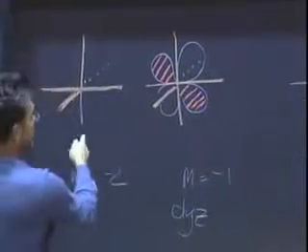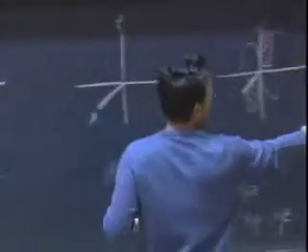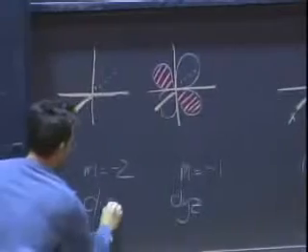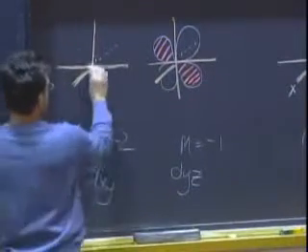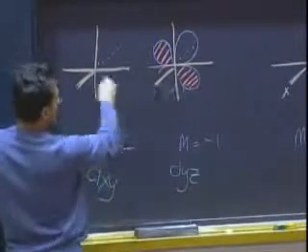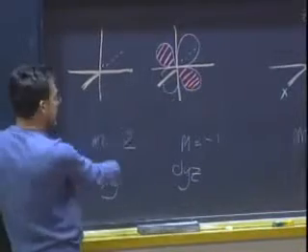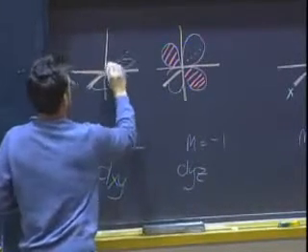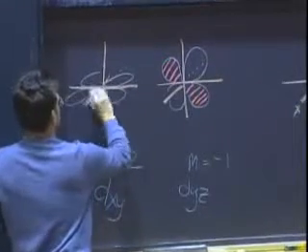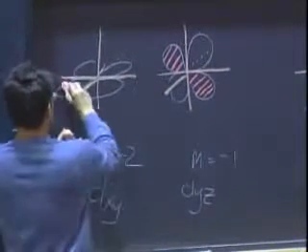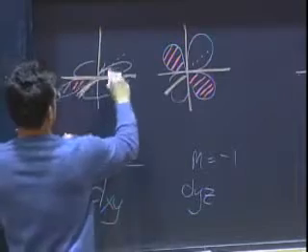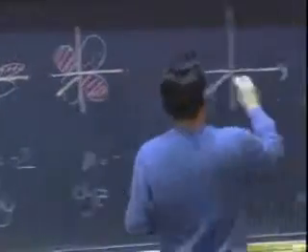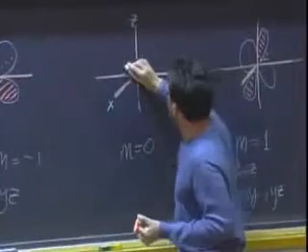And then finally, we have one that looks just like dx squared minus y squared, and this one is dxy, and it looks exactly like x squared minus y squared. The dxy orbital lies in the xy plane, and its lobes point between the axes, as shown here, with that phasing.